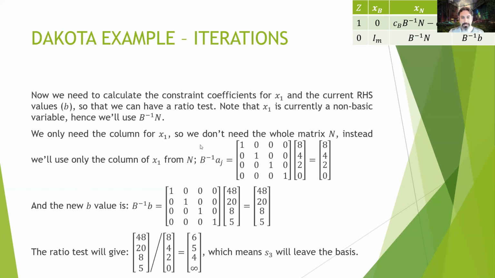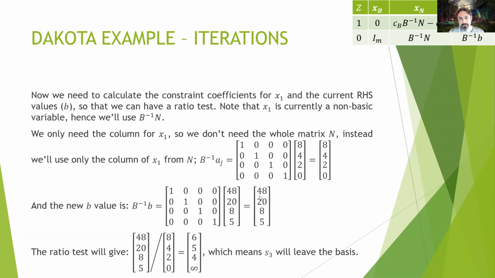This B inverse times aj is our current values in the constraints, current coefficients in the constraints, whichever step we are at. As we are in the initial step, they are the same as the starting ones because we haven't done any iteration yet. You will see what I'm talking about in the next iteration after this one is done, but still it's the starting iteration. So they are the same values, 8, 4, 2, 0.